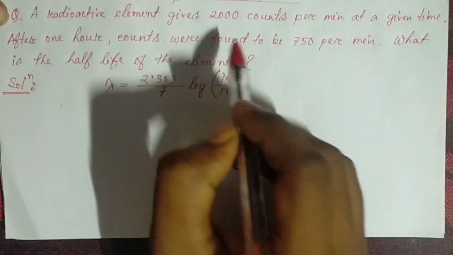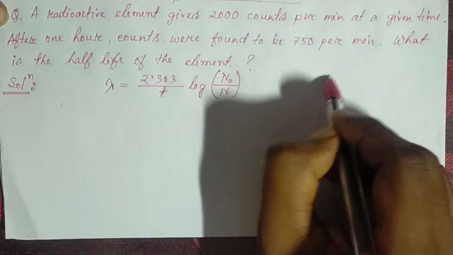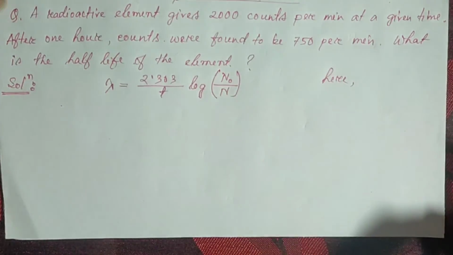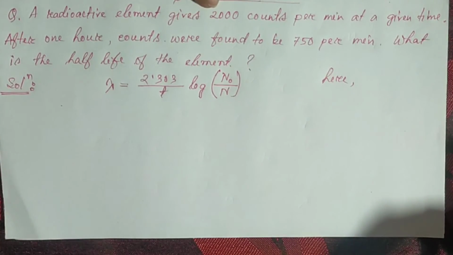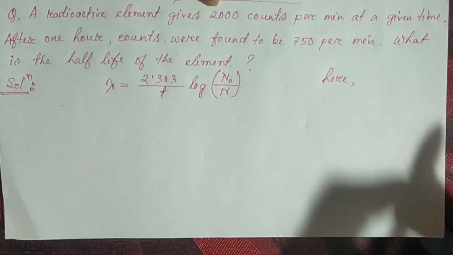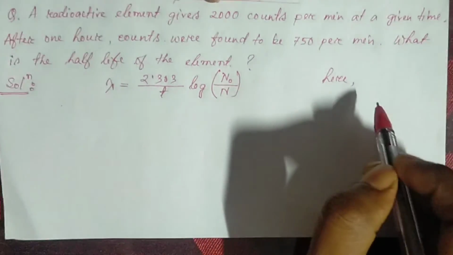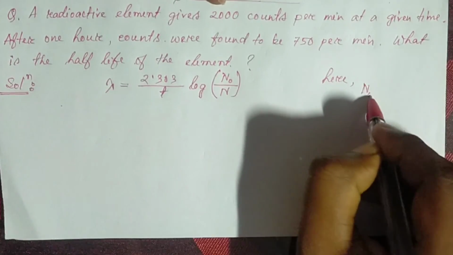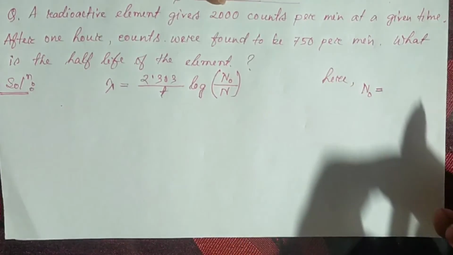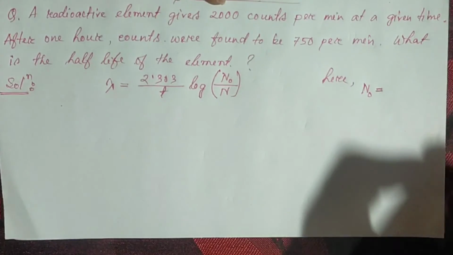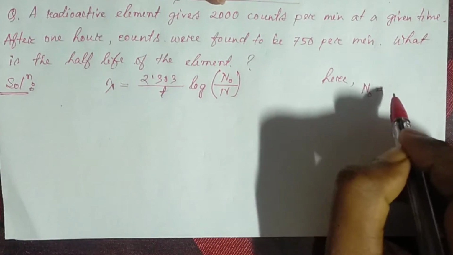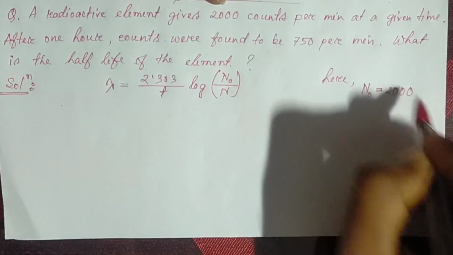so here you can see that 2000 counts per minute at a given time means n naught, the initial count, is 2000.